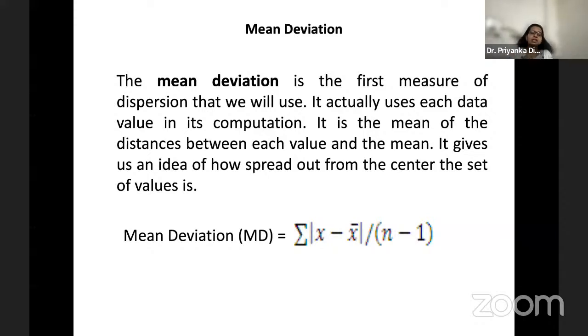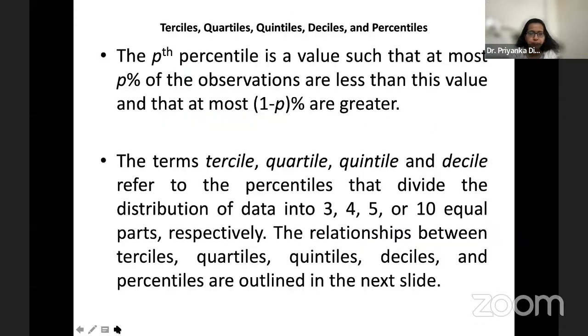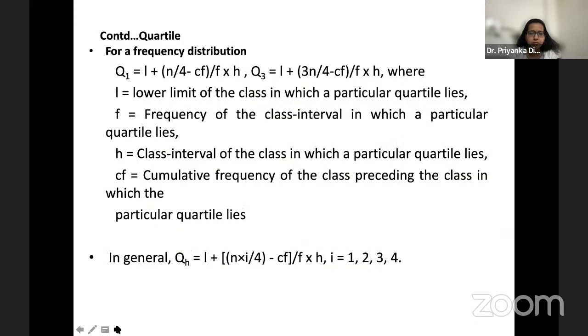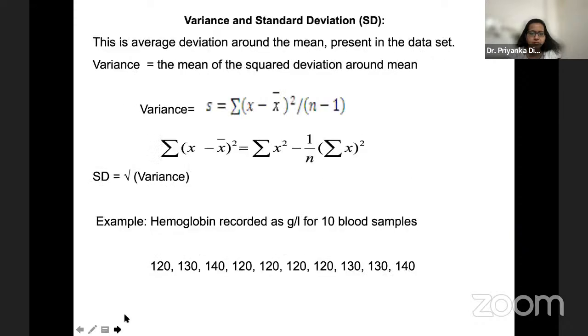So in place of the modulus value, we modify this formula so that we will get a better picture. In place of the modulus value, I will just use the square term.